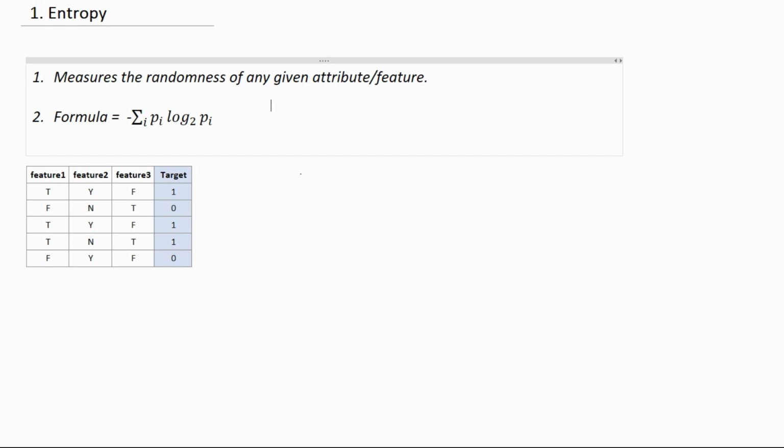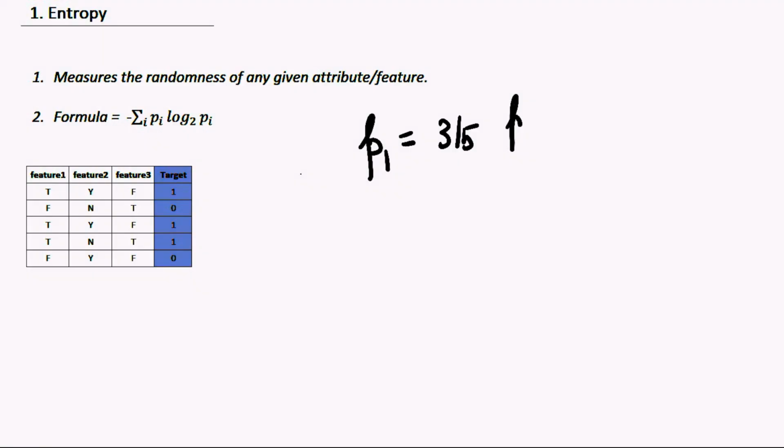For instance, if we consider the data which we have here, there are only two classes present in the data, with the probability of 1 being equal to 3 by 5, and the probability of 0 being equal to 2 by 5.